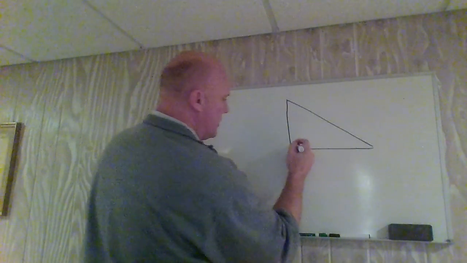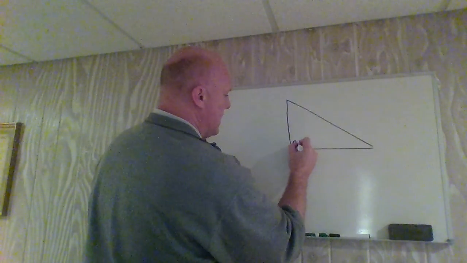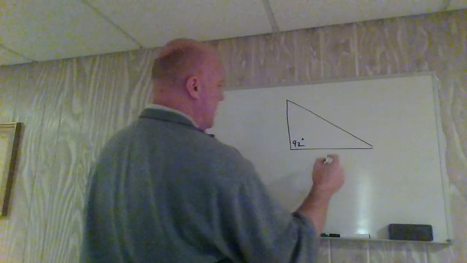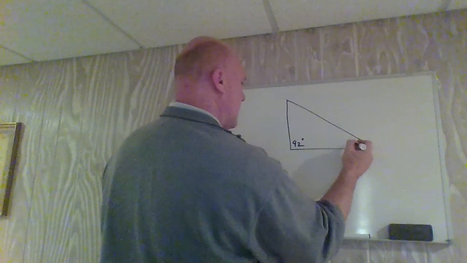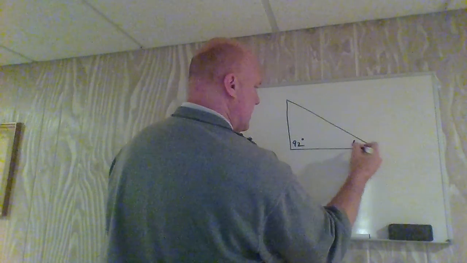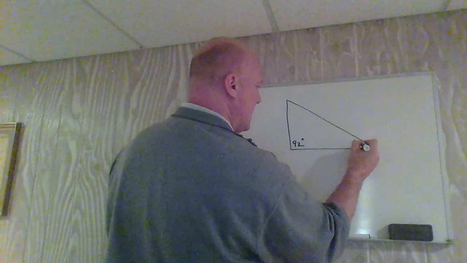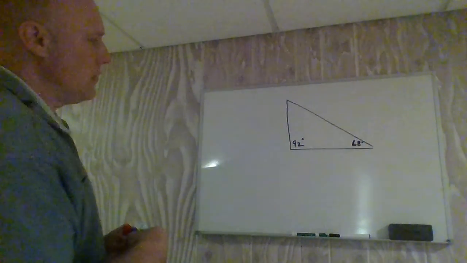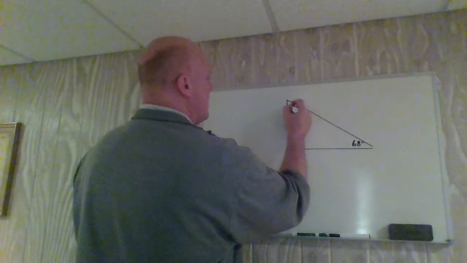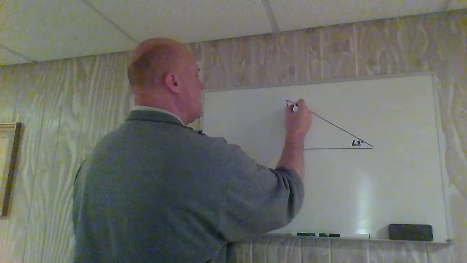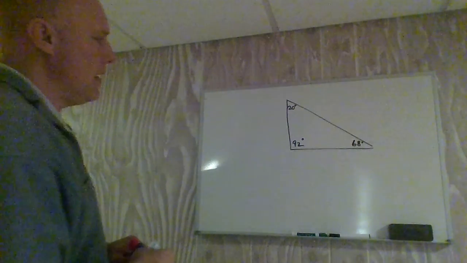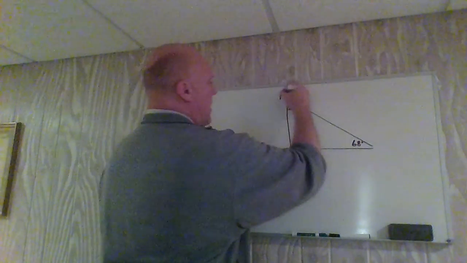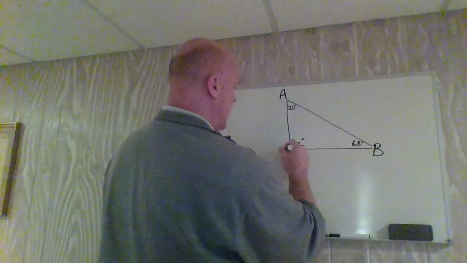But let's say this was 92 degrees, and let's say this was 8 degrees. Again, this is not drawn to scale. So that gives us 160. So this must be 20 degrees. And again, this is not drawn to scale. Let's call this triangle ABC.